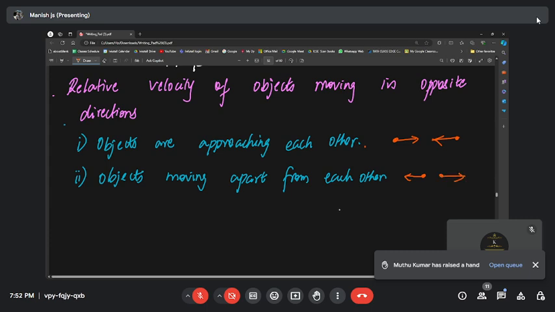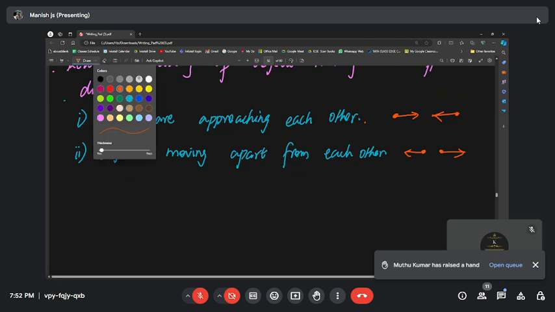These two are basically opposite directions. You can see that one is moving towards the right, the other is simultaneously moving towards the left. The other case is the opposite of the previous case. Opposite directions, they can come against each other, they can move apart from each other. So these are two different aspects.